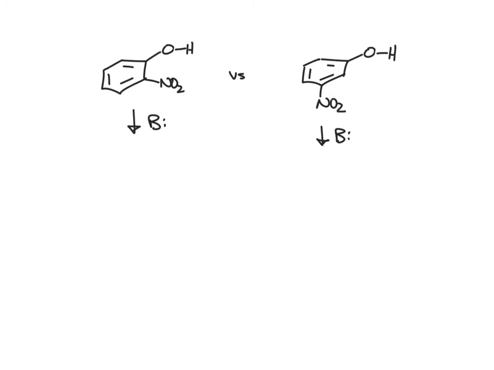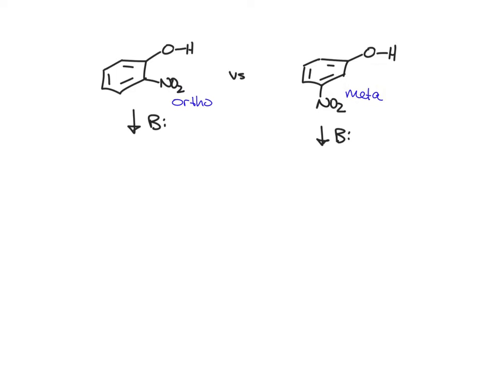Now, as we already talked about, having a nitro group on the phenol ring is going to increase its acidity, but what about having the nitro group at different positions around the ring? So for example, here we have an ortho nitro group, and here we have a meta nitro group.